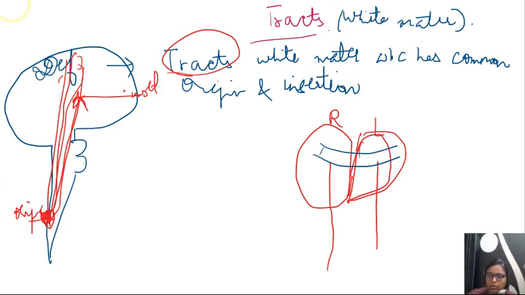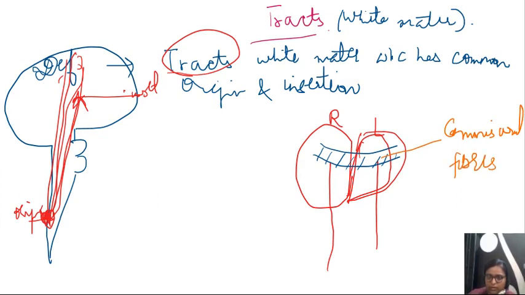So what are they called which connect your left hemisphere to your right hemisphere? Any guesses? Please respond. Okay, pause the video and write your answer in the comment section, so I will see if you are studying or not. So these fibers are called commissural fibers.